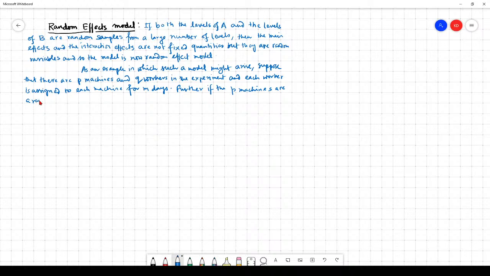P machines are a random sample from a large population of machines, and Q workers are a random sample from a large population of workers.